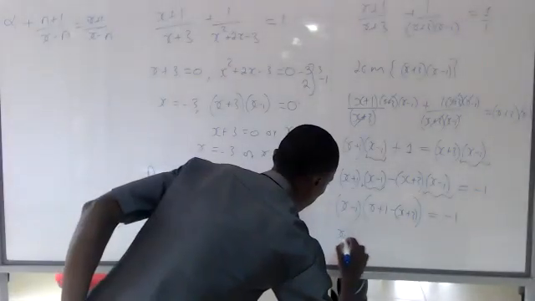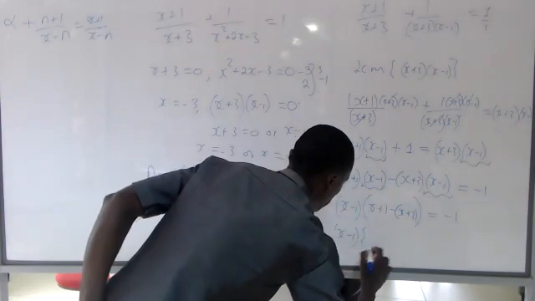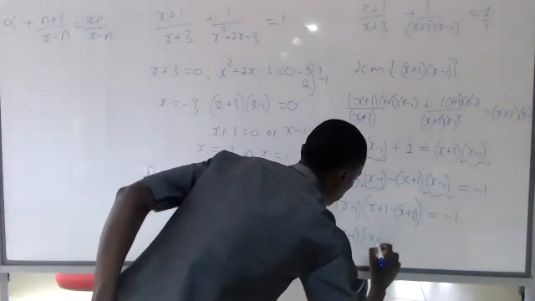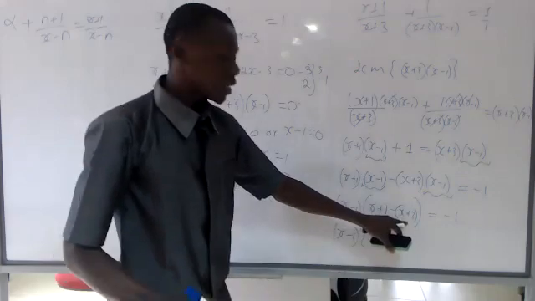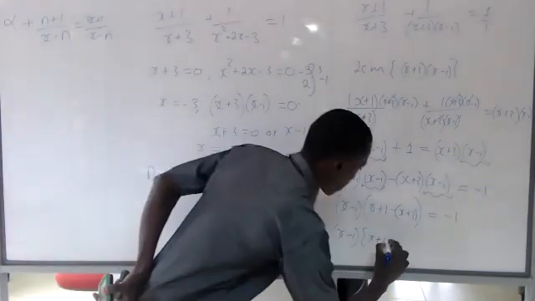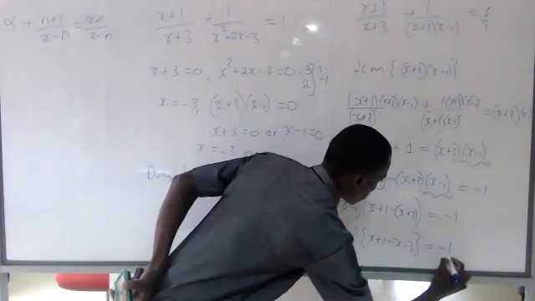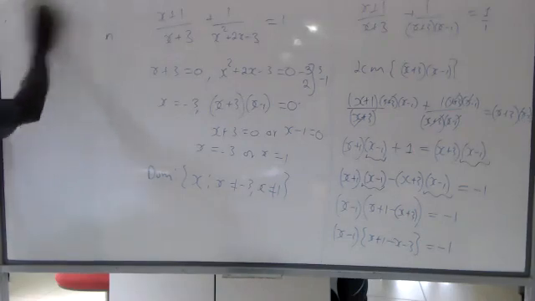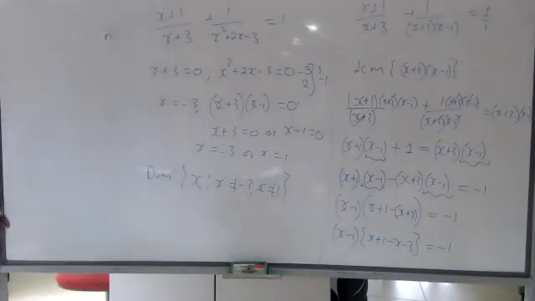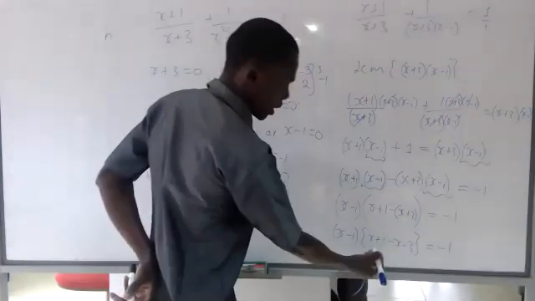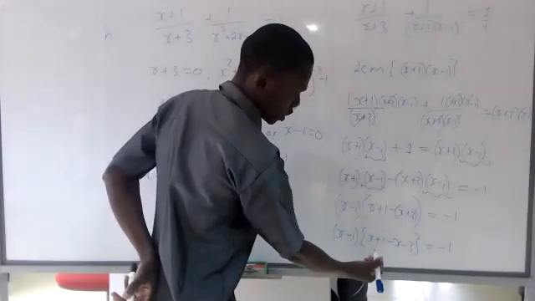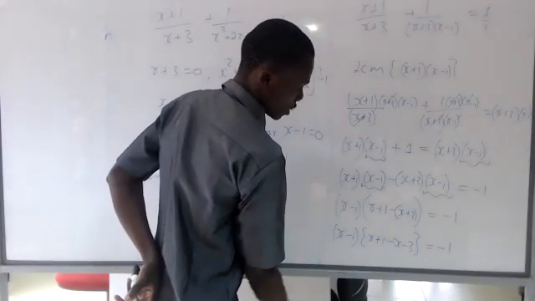So outside we have x minus 1. Inside we have x plus 1. We want to open this inside parenthesis, so minus x minus 3 is equal to -1. So what does this give you? Of course, here there will be an x minus x, which is 0, then 1 minus 3, which is -2.